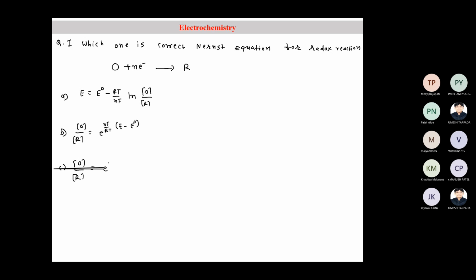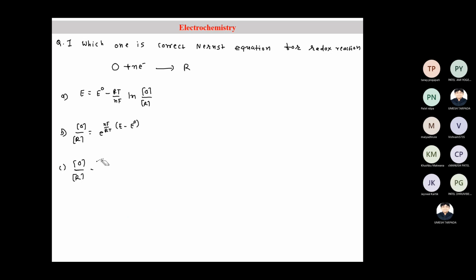Third one, that is E is equal to E raised to... Now you tell me which one is correct.